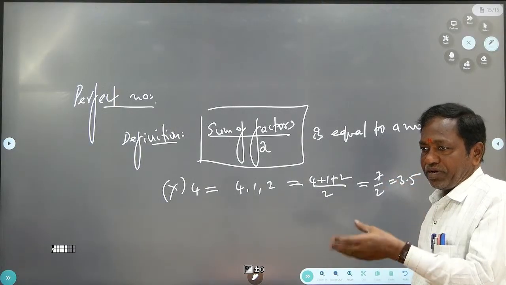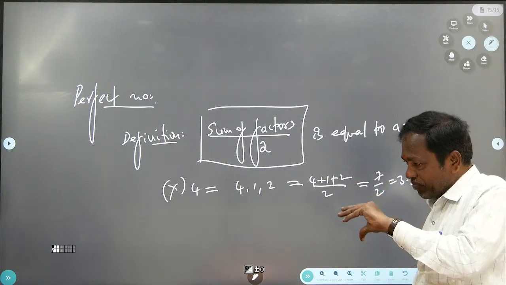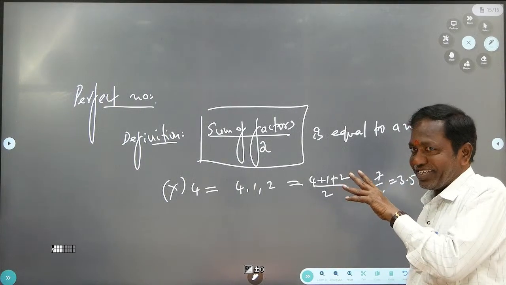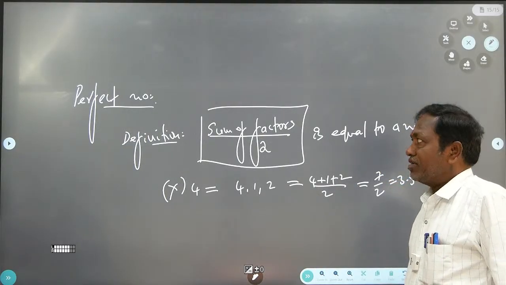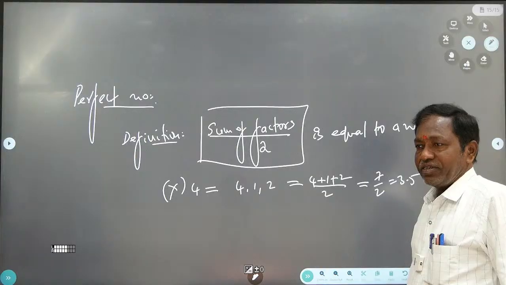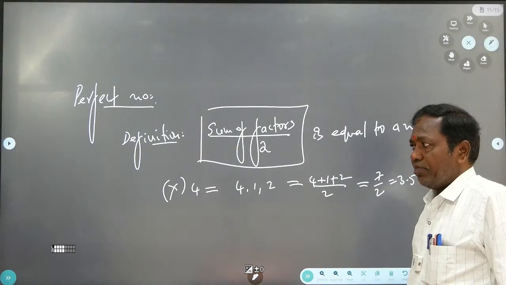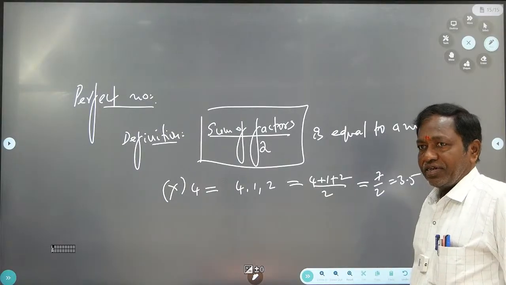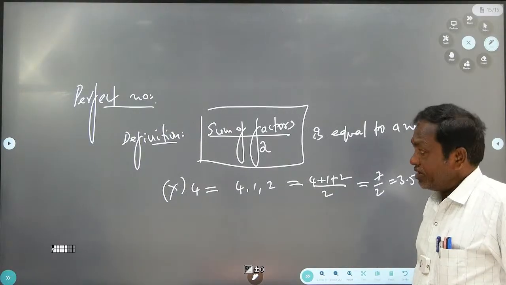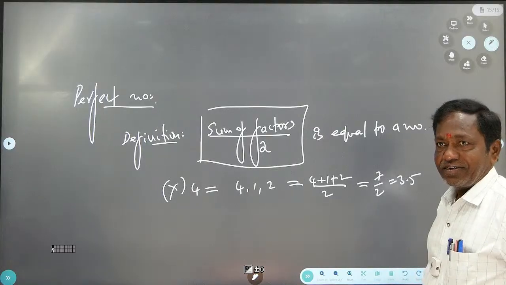The last year paper they asked in a different fashion, but the concept is the same. This is the concept. Even I was a little confused. When I started writing my book, I was searching for all these things, even Wikipedia I referred to, and there I got it.